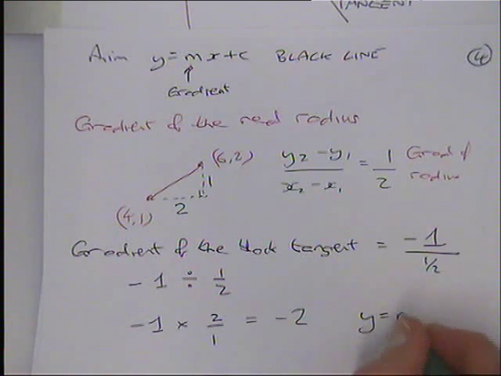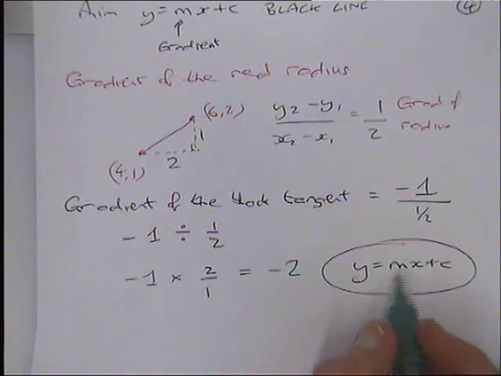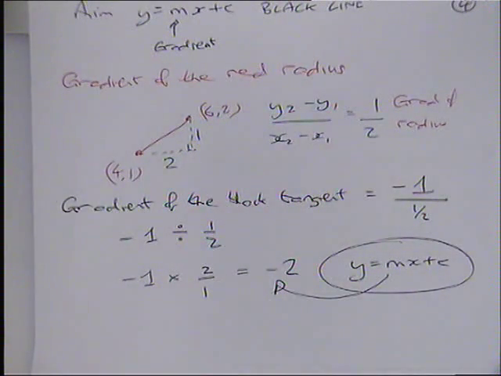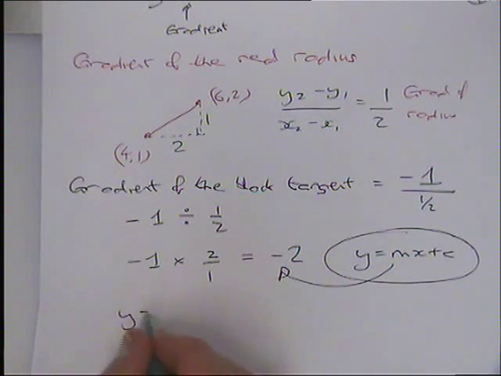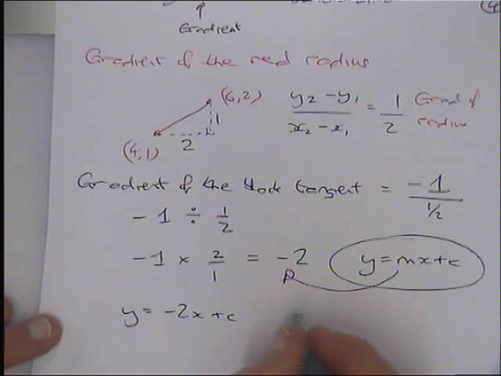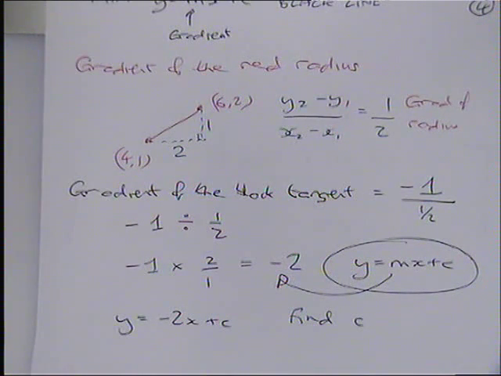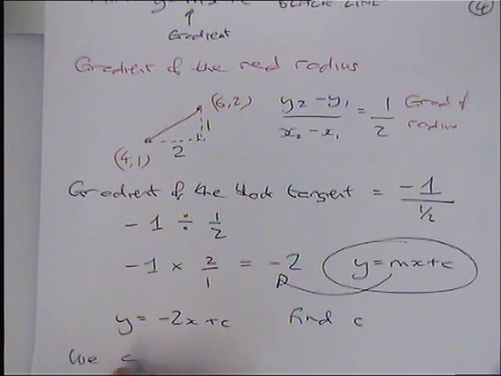And earlier, we said the equation we're looking for is y equals mx plus c. I now know that m is minus 2. So I get y equals minus 2x plus c. So I now have to find out what c will be. How can I finish this off? You use the coordinates that you're given.